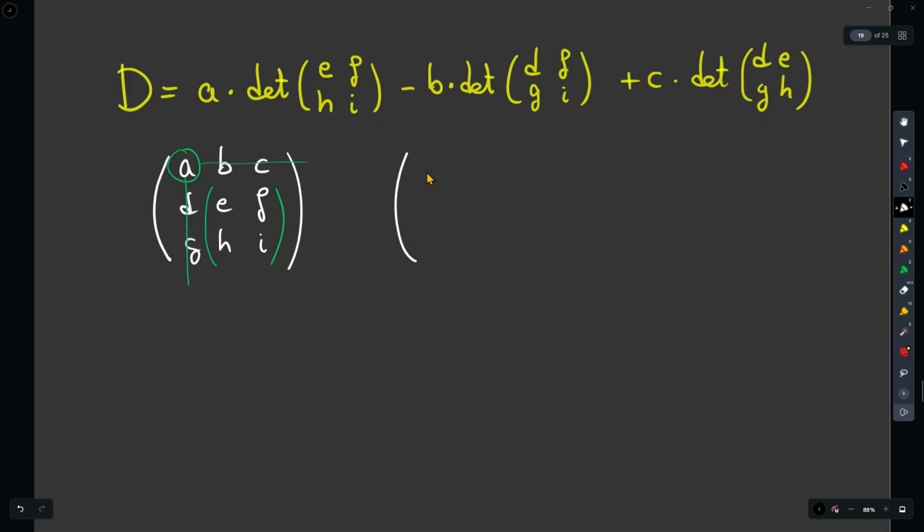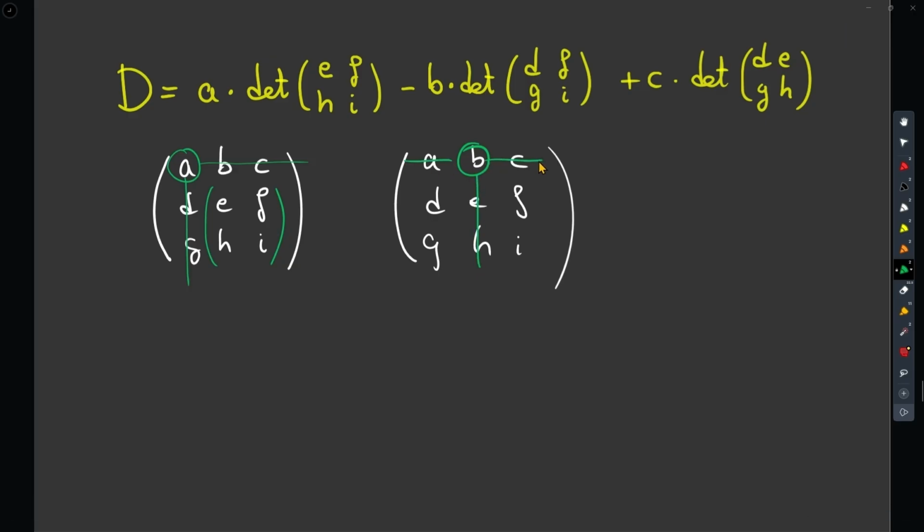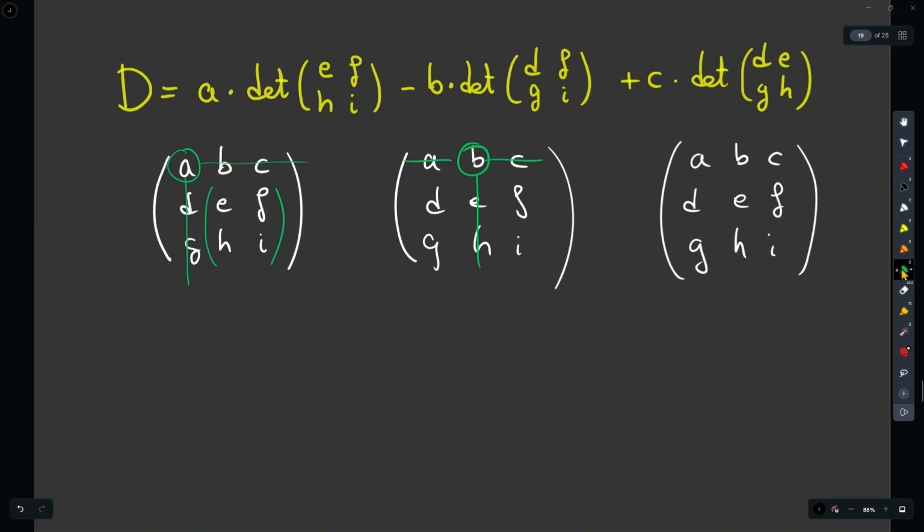And then if I write again A, B, C, D, E, F, G, H, I, and pick B and cancel out the row and column where B is, I'm left with D, F, G, I, which is this determinant. And then if I do it again for C, and cancel out the numbers in the row and the column where C is, I'm left with a minor D, E, G, H, which is the matrix that appears here.